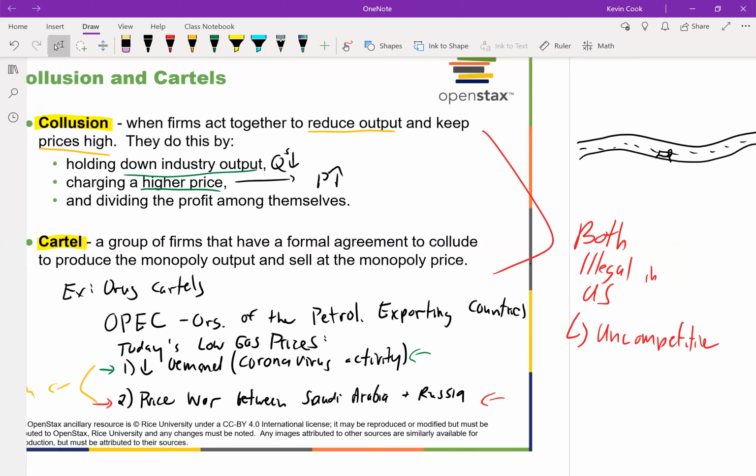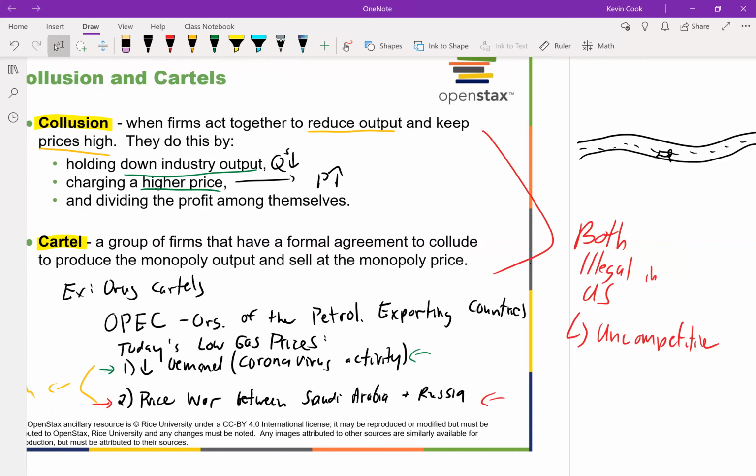But if we think about something like OPEC, it becomes a little bit harder because they're considered an intergovernmental organization. So they're a collection of different governments.